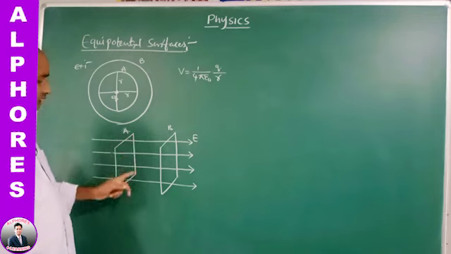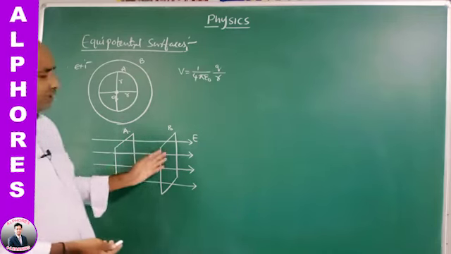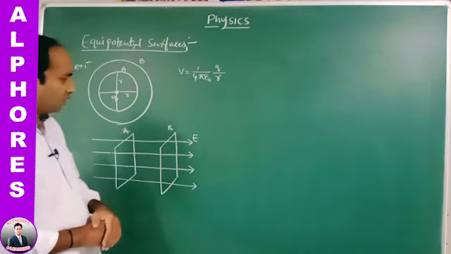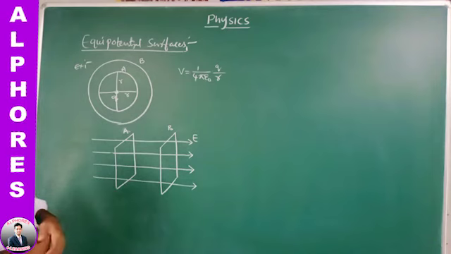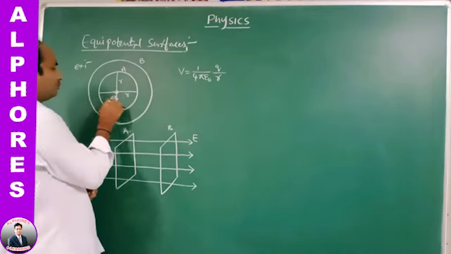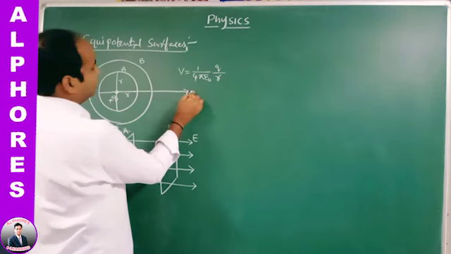On this plane at every point, the potential value remains the same. You may take here also the potential value remains the same at every point on this plane. We know that in case of an isolated positive charge, the electric field formed by the positive charge is radially outwards.